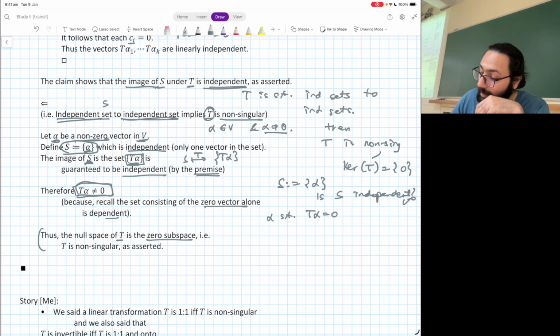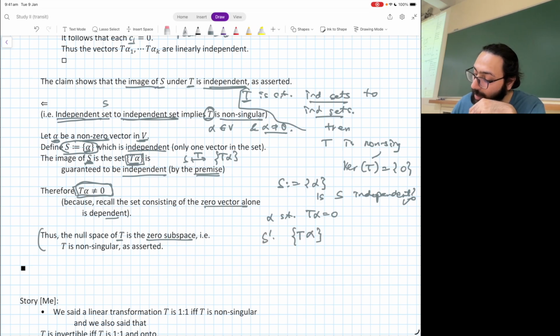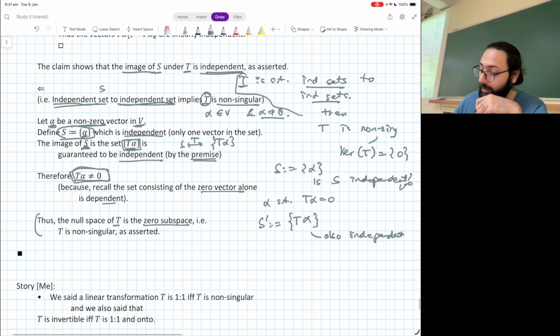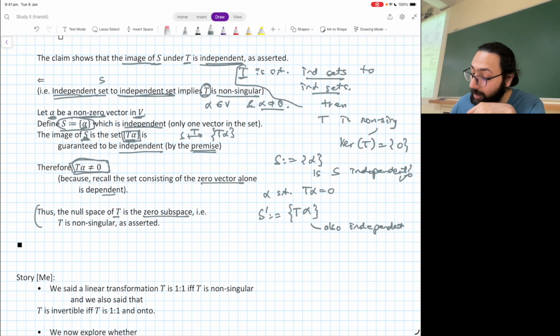Now we are guaranteed from the premise that T is a map such that it maps independent sets to independent sets. So we know that T of S, so T of alpha, let's call this S prime, will also be independent. That's what we assumed about T. Now, because it is independent, we know that T alpha cannot be 0, because if it was 0, it would be a dependent set.